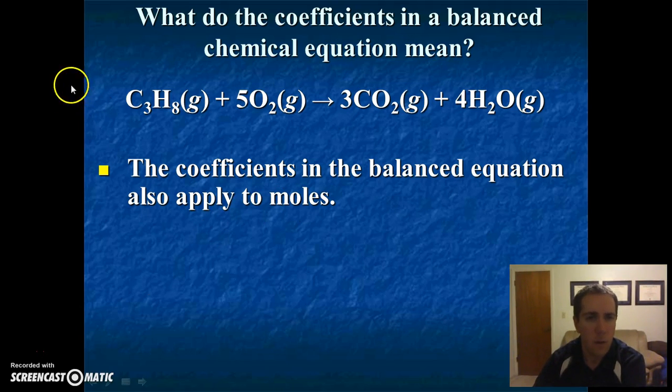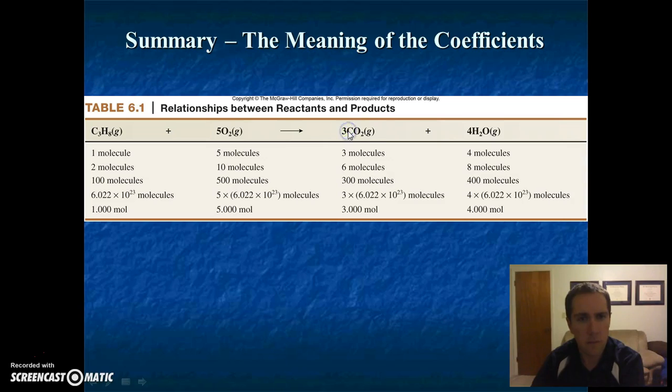If we react 1 mole of propane with 5 moles of oxygen, we'll get 3 moles of CO2 and 4 moles of water. Numbers stay the same, the unit simply changed from molecules to moles.